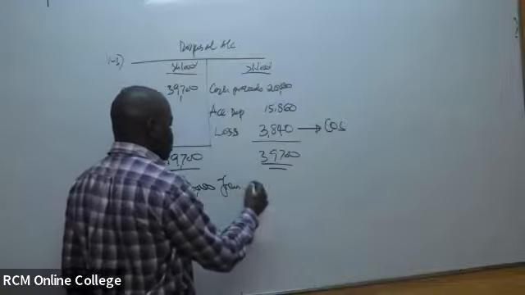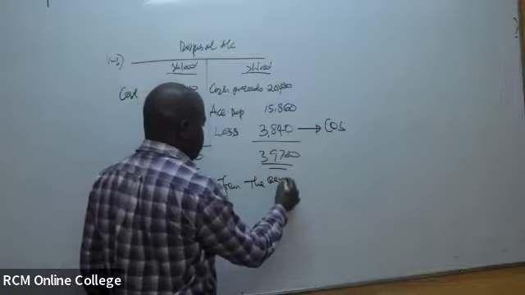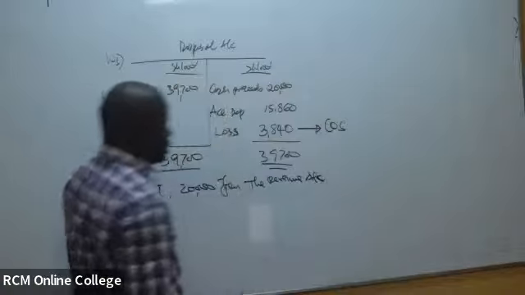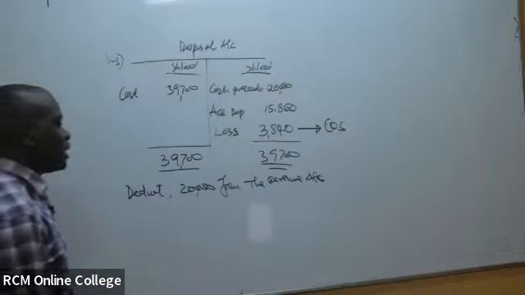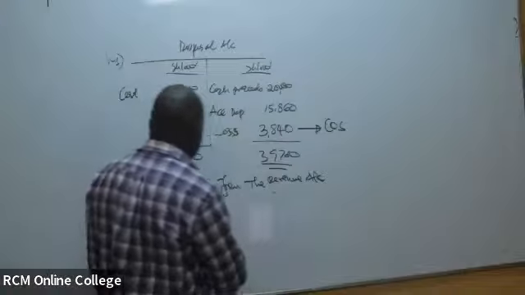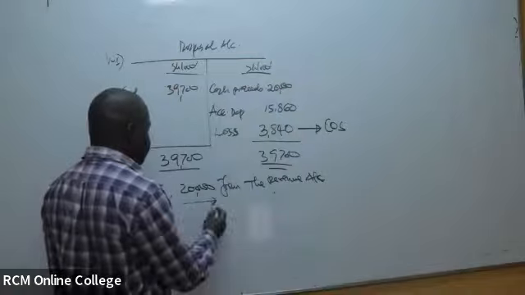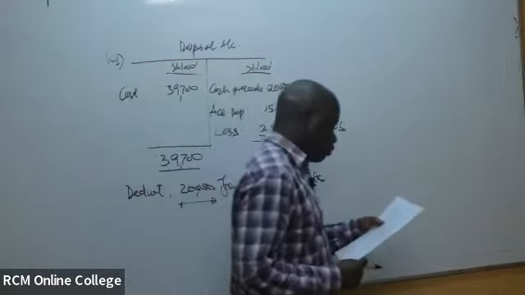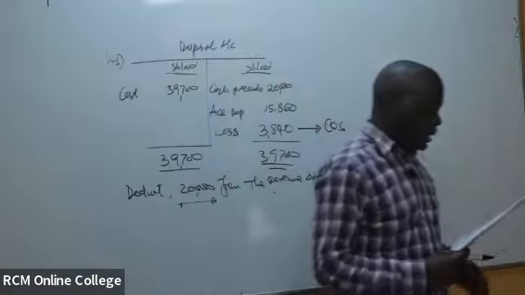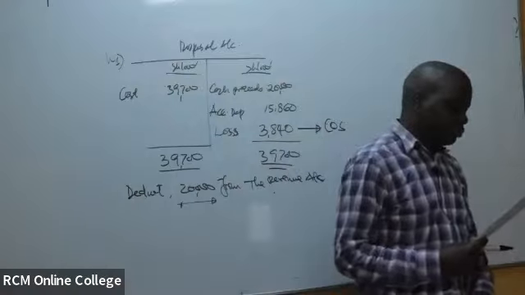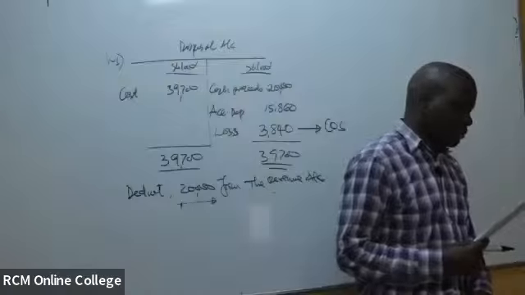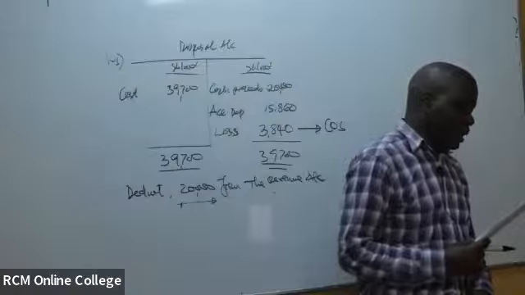So when we'll be coming up with the statement of income, we'll have to remove the amounts which are basically on the disposal of this particular item. So we'll have to remove it there.